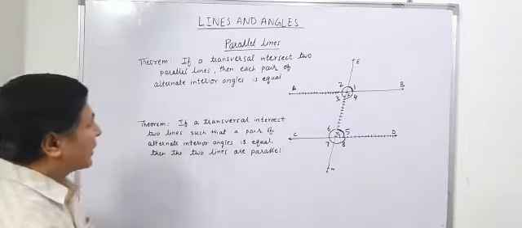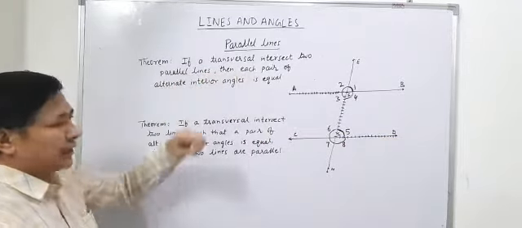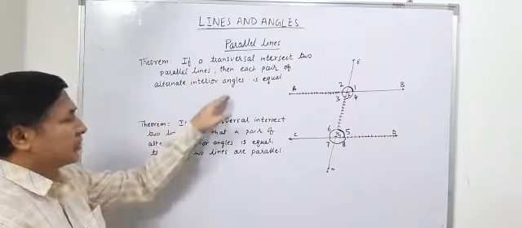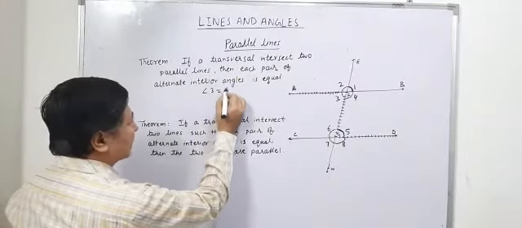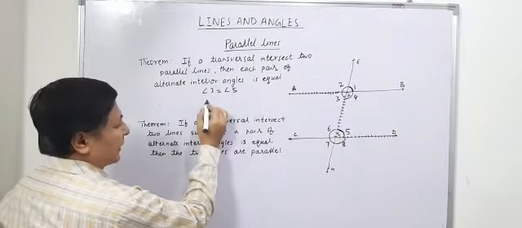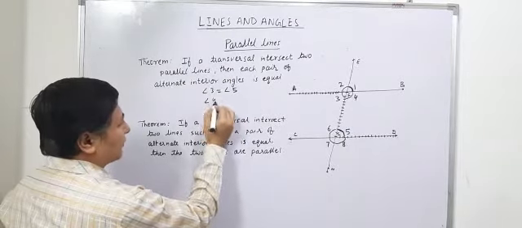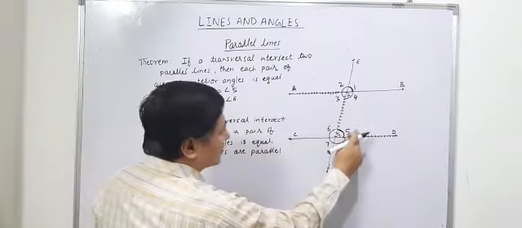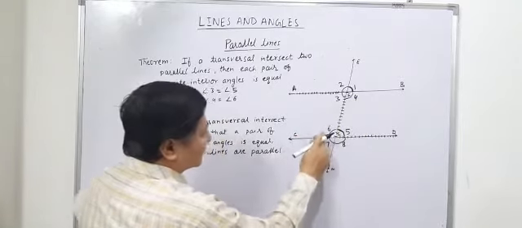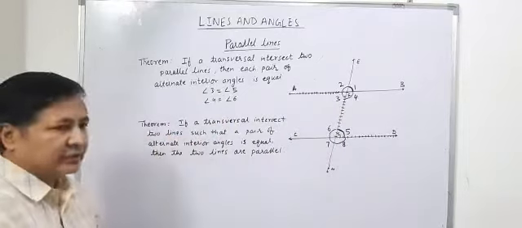So if a transversal intersects two parallel lines, then each pair of alternate interior angles is equal. That means angle 3 will be equal to angle 5 and angle 4 will be equal to angle 6. These two are alternate interior angles, and angle 4 and angle 6 are alternate interior angles.